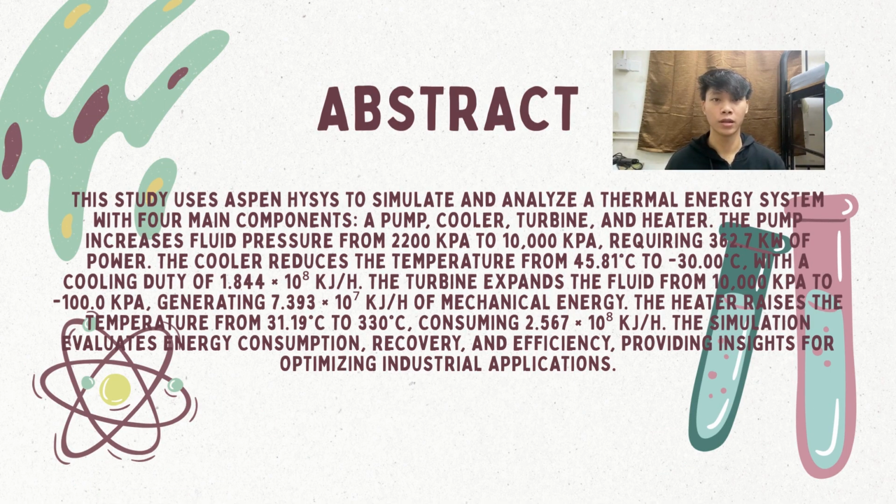This abstract gives an overview of the simulation. In this project, we use Aspen HYSYS to analyze four major components, which are the pump, cooler, turbine, and heater. For example, the pump increased pressure from 2200 kilopascal to 10,000 kilopascal, requiring about 362.7 kilowatt of power.